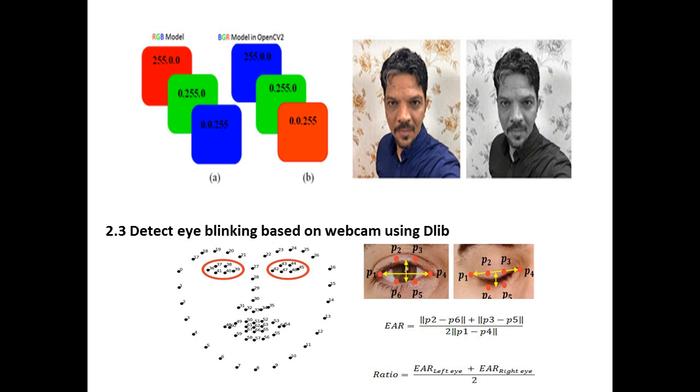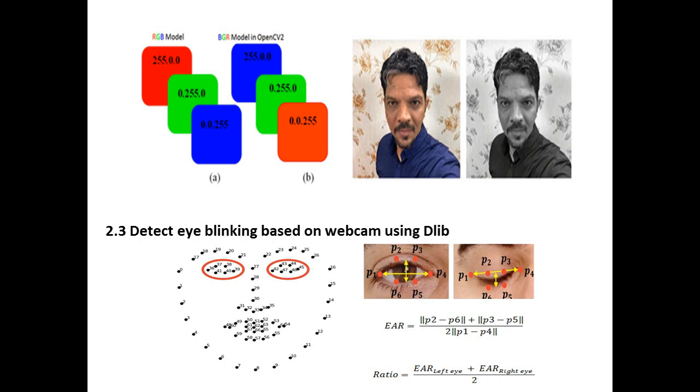The eye can be described as a collection of 6 points. Distances are measured in both the horizontal and vertical planes.